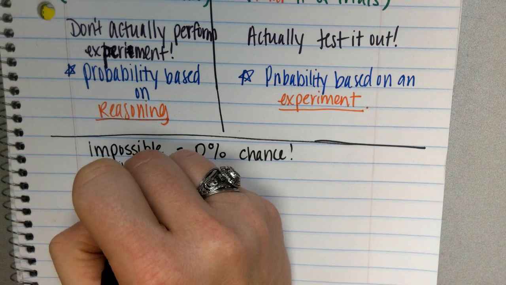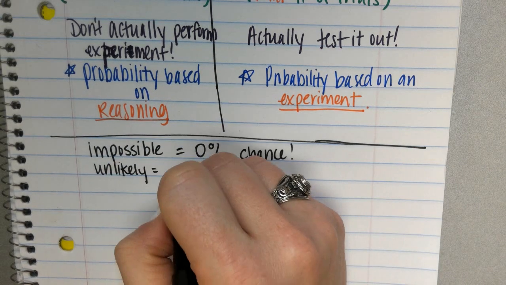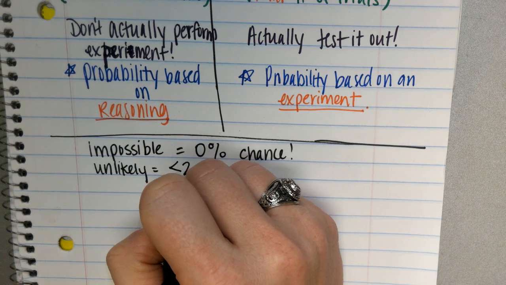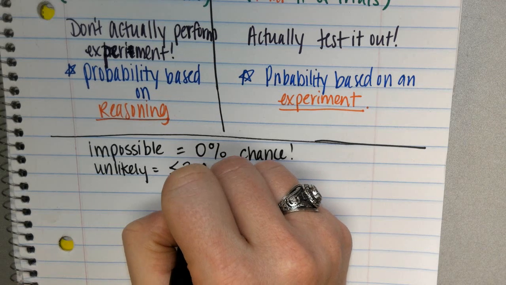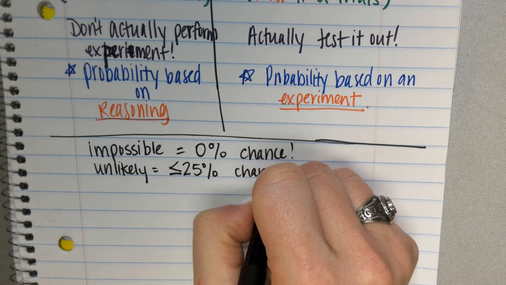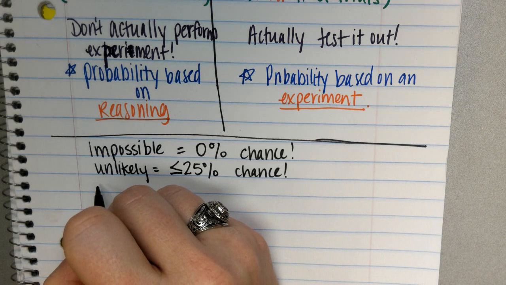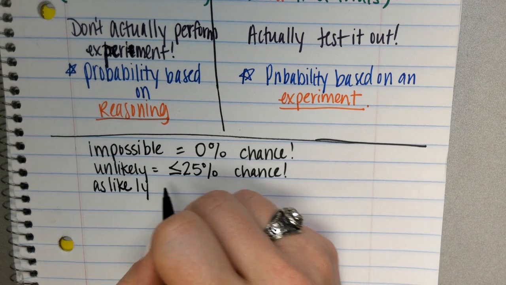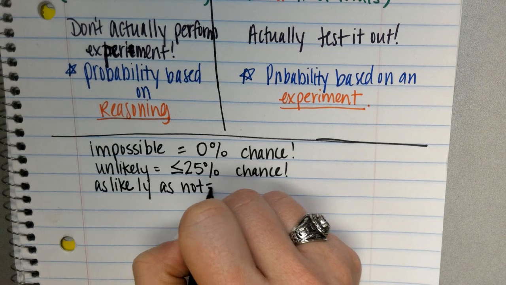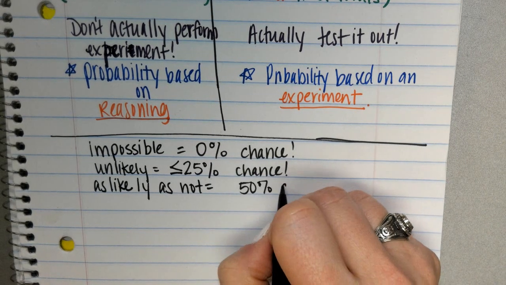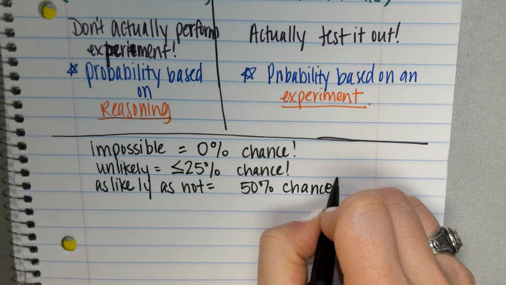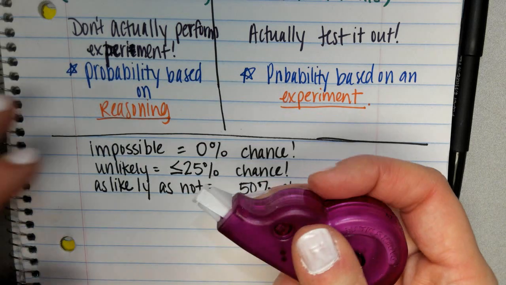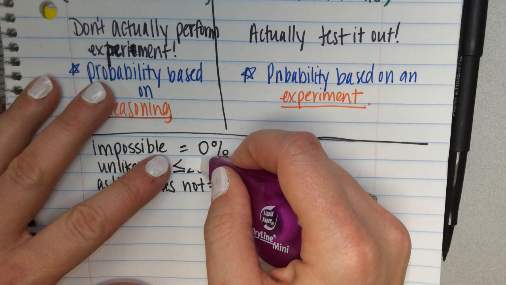Unlikely, that's, it's less than or equal to 25% chance. Okay? As likely as not, that's a 50% chance. It's like it could be either likely or not likely. Okay, and I'm going to actually make a change here. I wrote the wrong number.